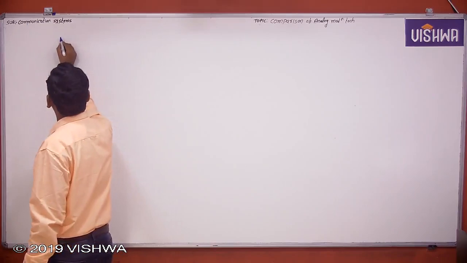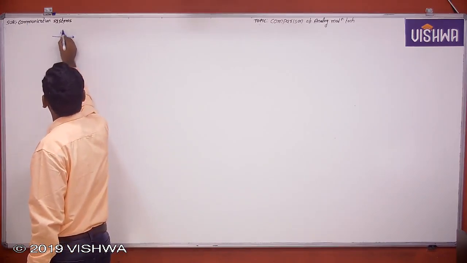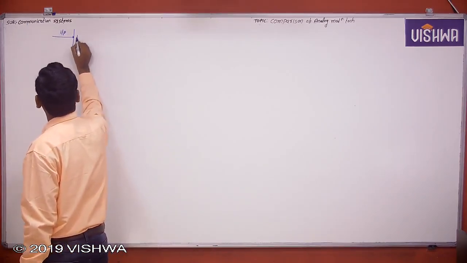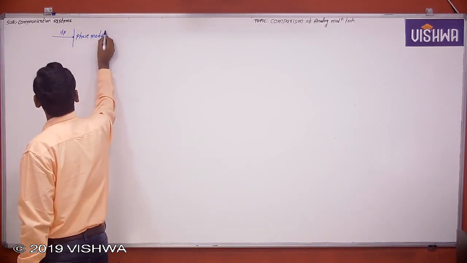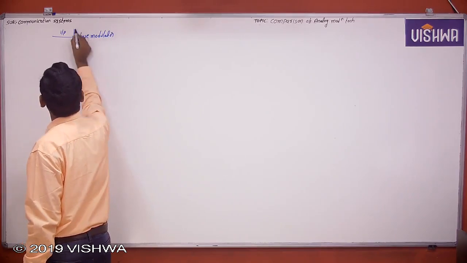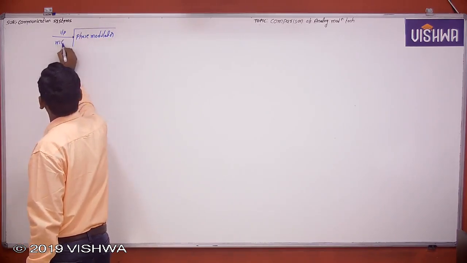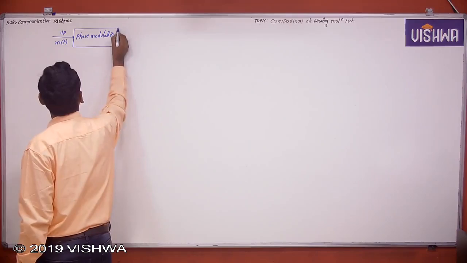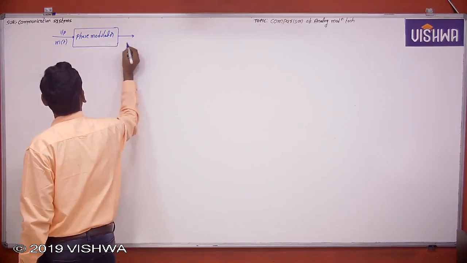Now see here, input is a message signal, phase modulator, then you can get a PM signal, right?